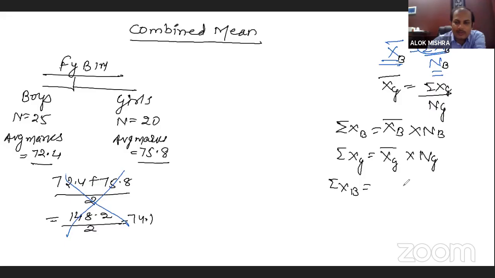This is 72.4 into 25. Similarly, summation of marks of the girls is equal to 75.8 into 20. Give the total for this. Product of this value.